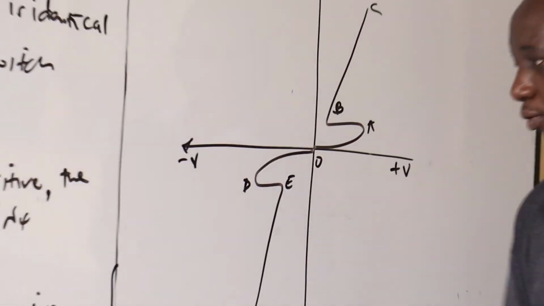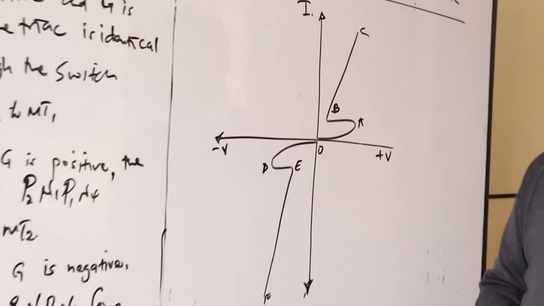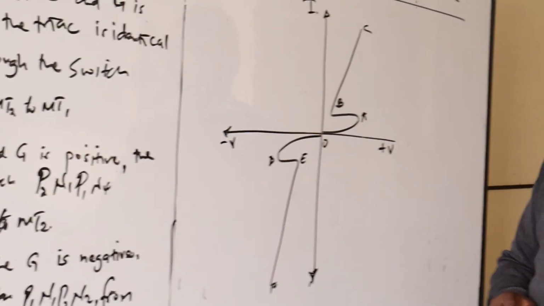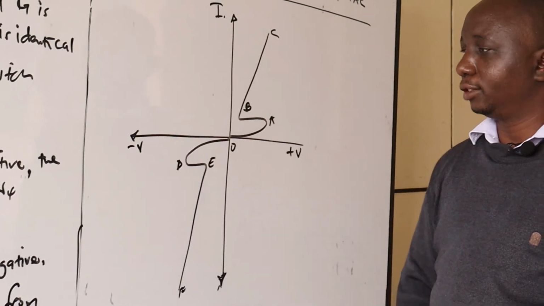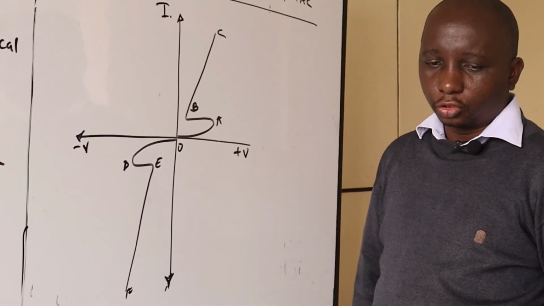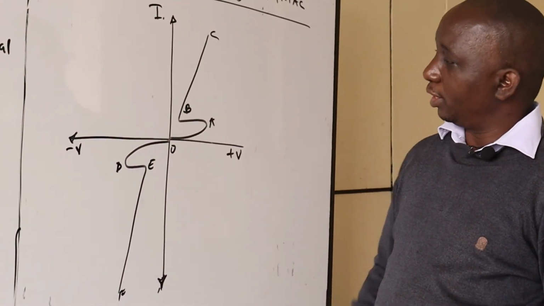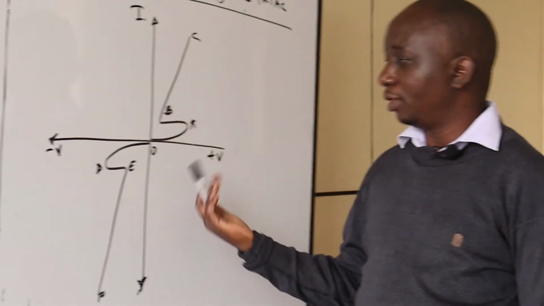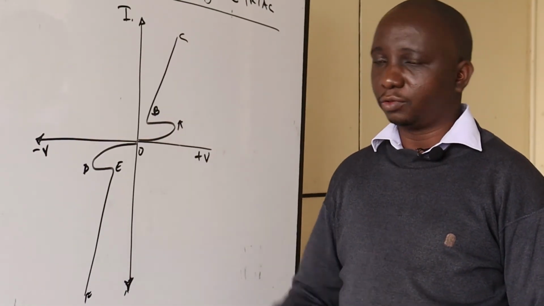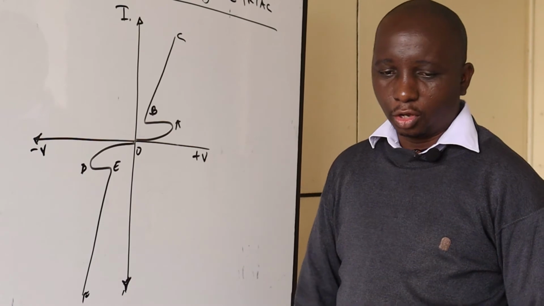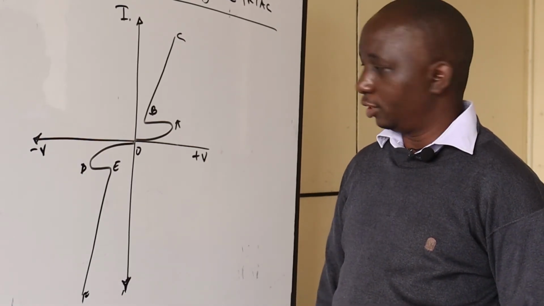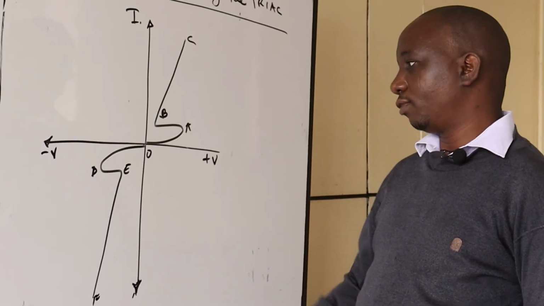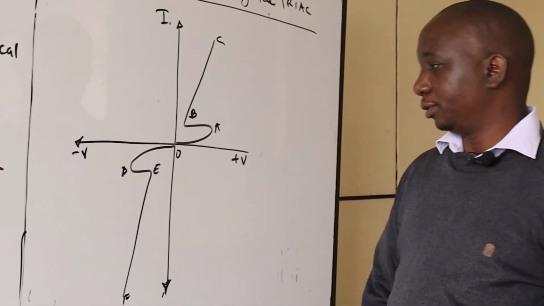OABC is identical to ODEF. The vertical axis is for current and the horizontal axis is for voltage. When the reverse happens, this curve is going to be applied. So the curves OABC and ODEF are identical in nature.